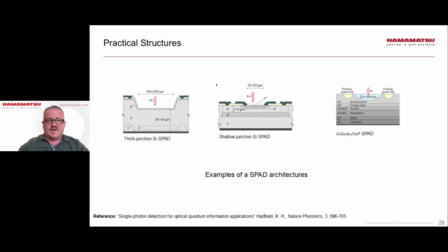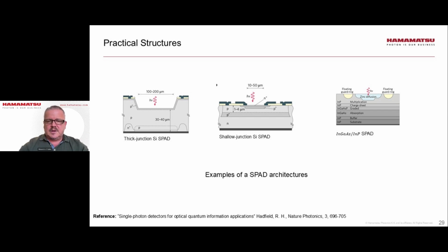Before we move on to SPAD arrays, I would like to point out that the actual structures of SPADs are certainly much more complex than the simple PN structure I showed in the first slide. There are multiple layers of PNN materials which are needed to shape the electric field in the structure for the SPAD to operate optimally. So a SPAD is not just a photodiode biased into the Geiger region.